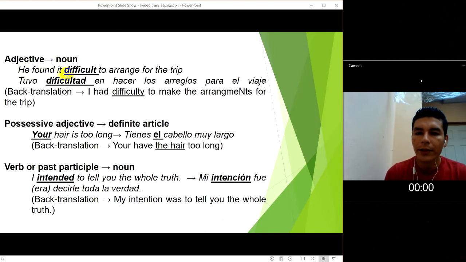He found it difficult to arrange for the trip. Difficult is an adjective, but in Spanish it says, tuve dificultad en hacer los arreglos para el viaje. Here is a noun, not an adjective. The back translation could be, I had difficulty making the arrangements for the trip.